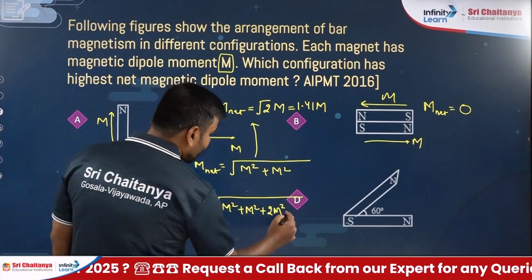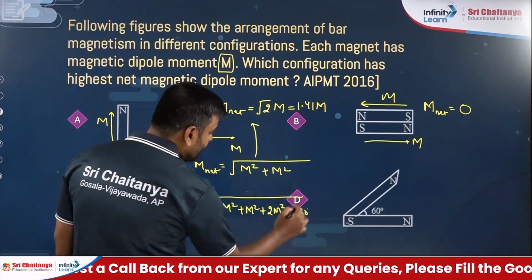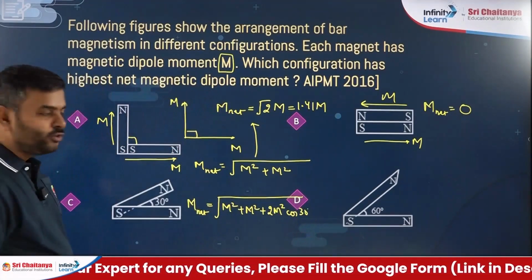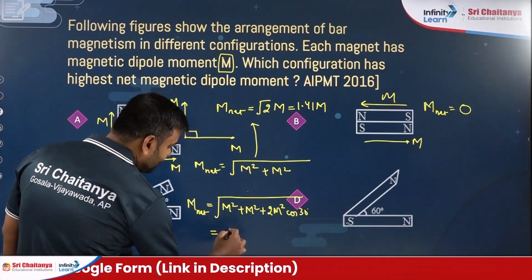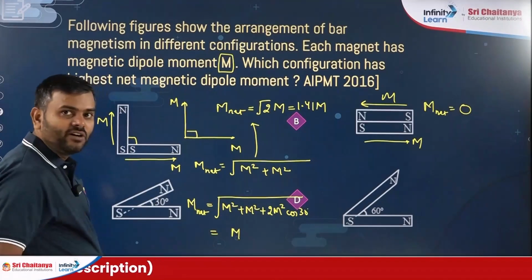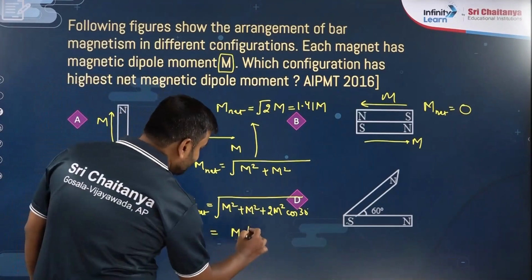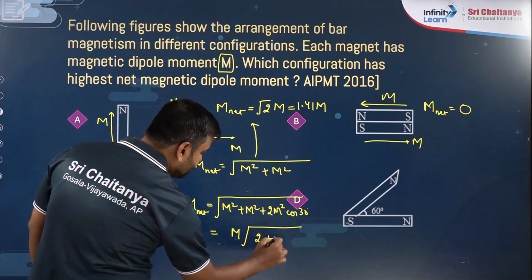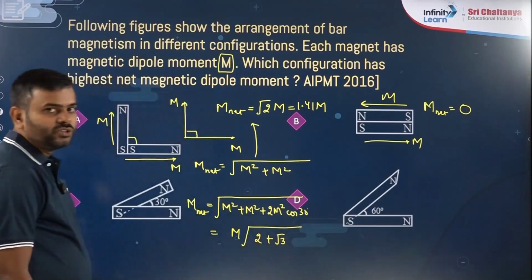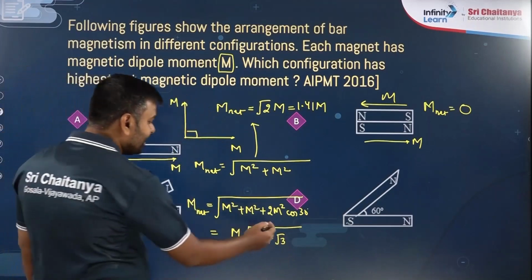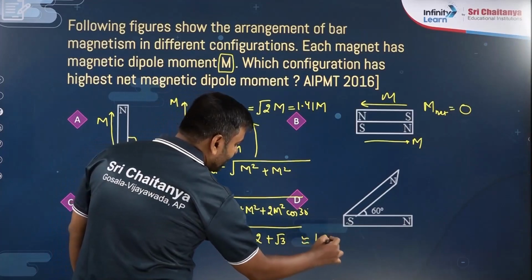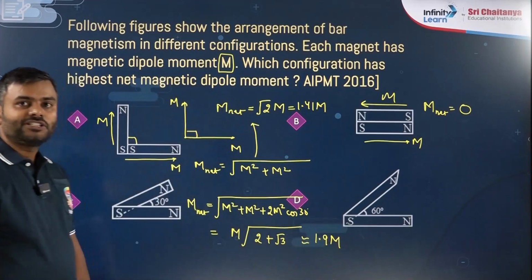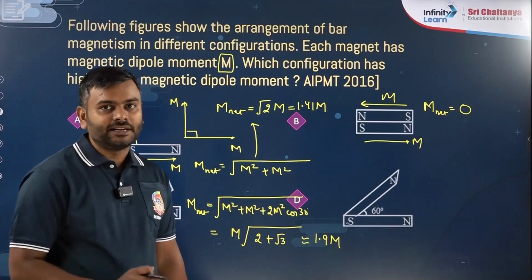So it is 2M square cos 30, and cos 30 is root 3 by 2. We can take M square common outside, so finally inside the root we have 2 plus root 3. If we calculate this value, approximately it will come out to be 1.9 times of M.